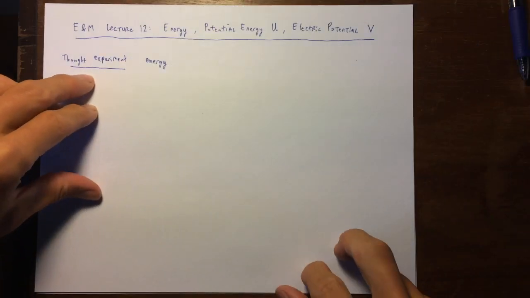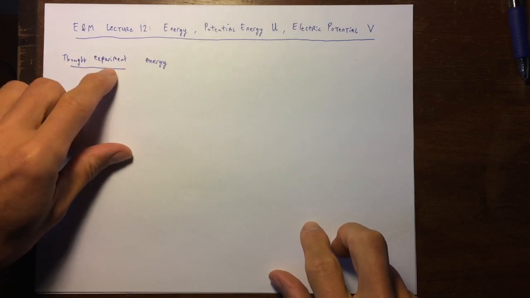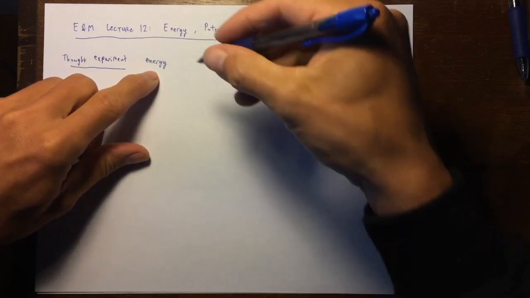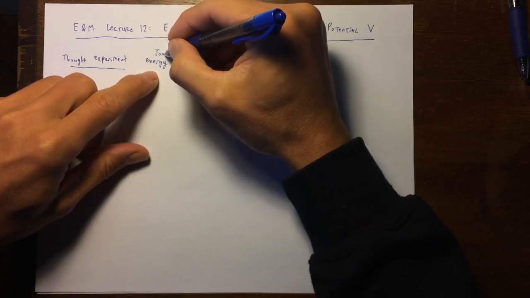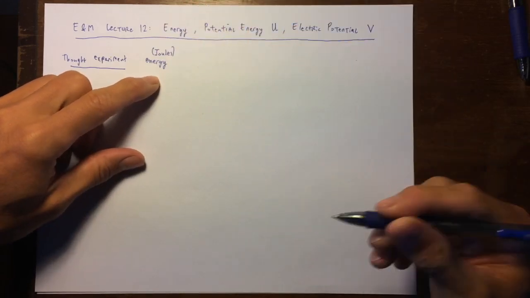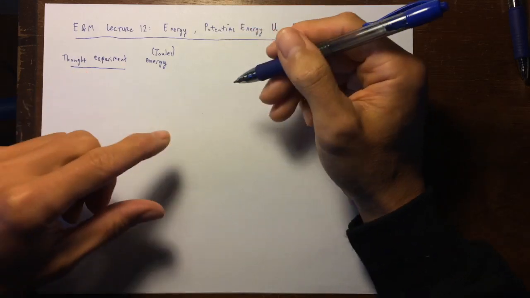So let's start with a thought experiment, and we're going to use this thought experiment to think about energy first. I'm talking about, for example, thinking in terms of units of joules. Here's our thought experiment.